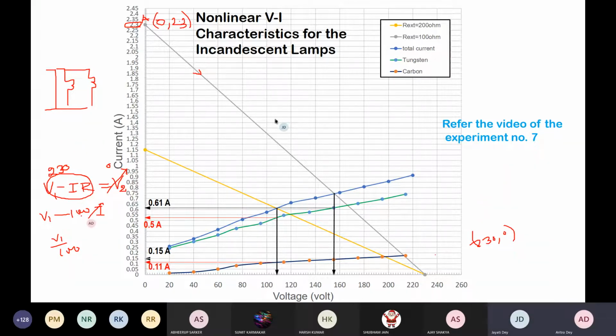So what is coming over here? I R is equal to V1 minus V2. It is x minus some value. So what is your y equal to? x by m minus c by m.